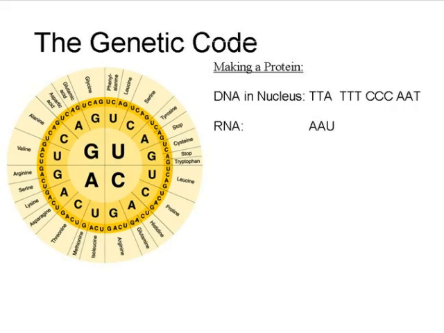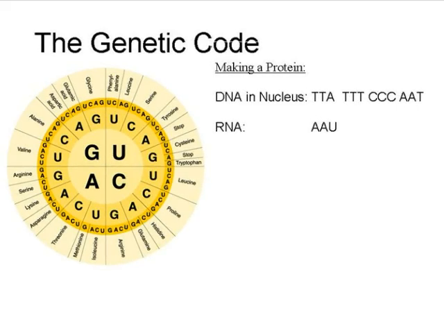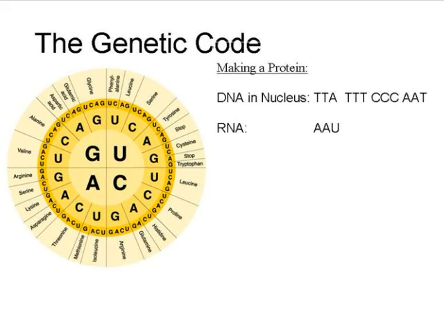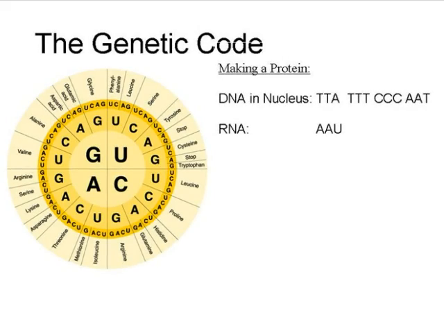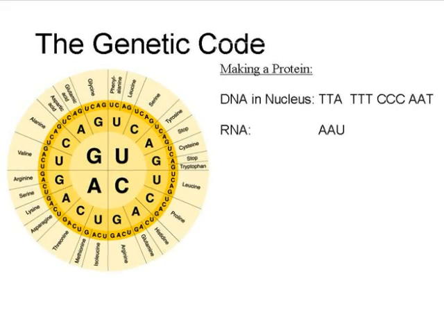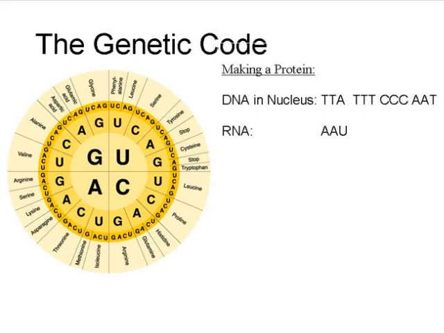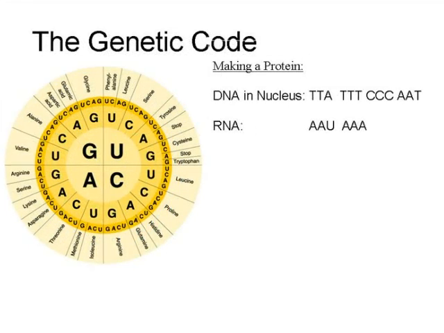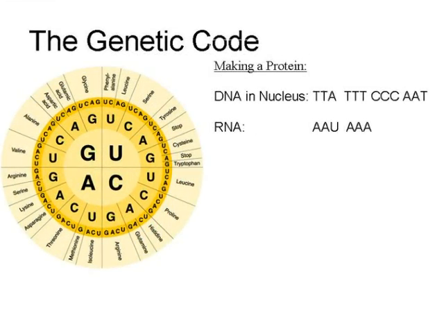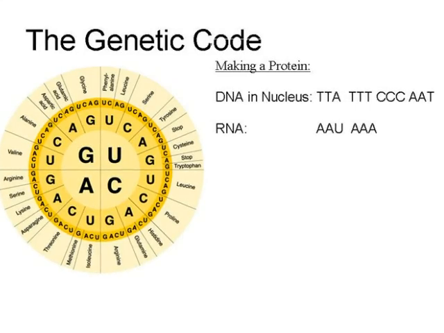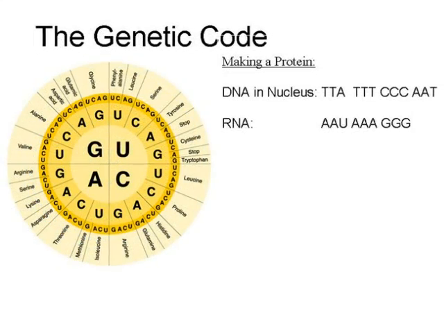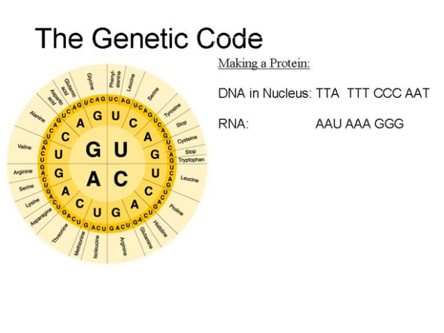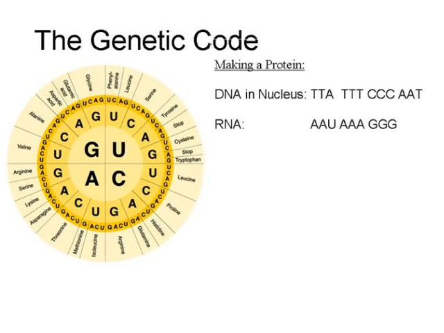The first RNA codon created is AAU, which stands for adenine, adenine, and uracil. The second RNA codon is AAA. The third RNA codon is GGG.